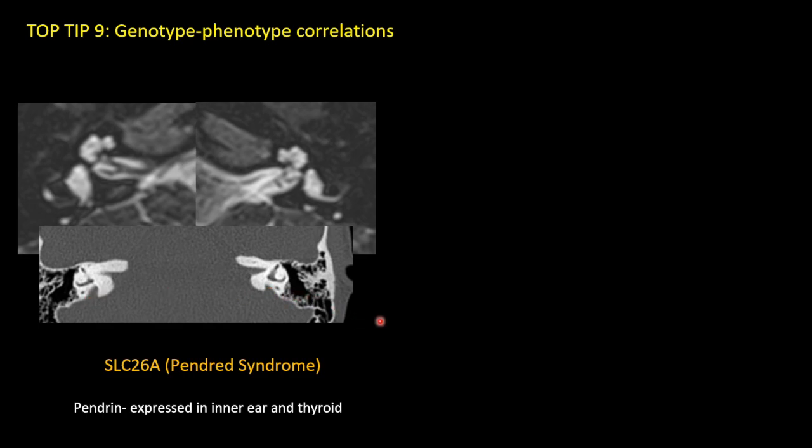It is the most common cause of syndromic congenital hearing loss. The gene product of SLC26A4 is pendrin, which is expressed in the inner ear and thyroid gland. Patients with Pendred syndrome therefore also quite often have thyroid abnormalities manifested as goiter.